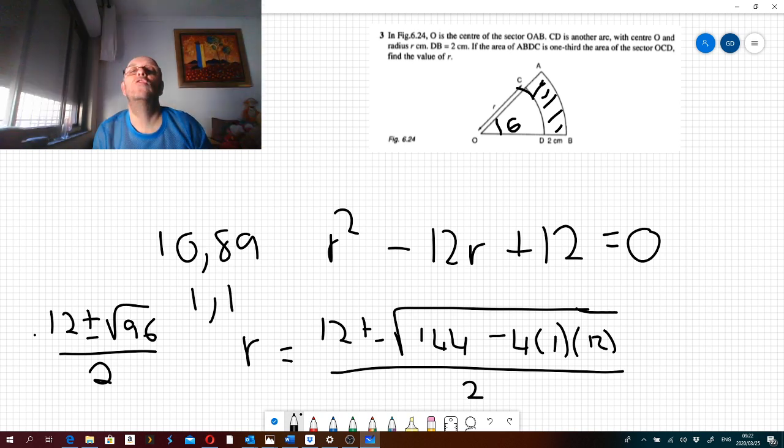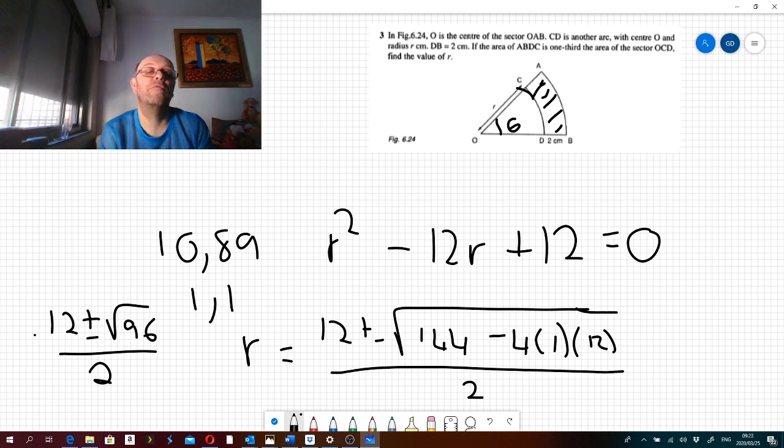Alright, so there are two possible answers for the value of r, but we're going to ignore the smaller one for the simple reason that we can see on the picture that r has to be bigger than the 2 centimeters that we had for the previous one, and that would make a diagram that wouldn't be able to be drawn this way.